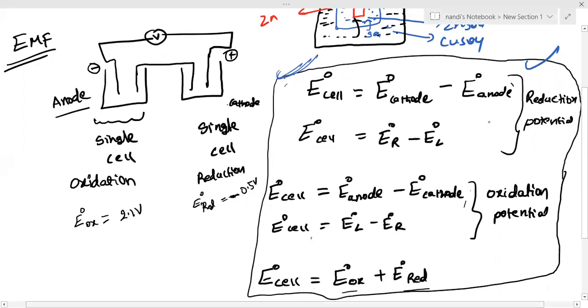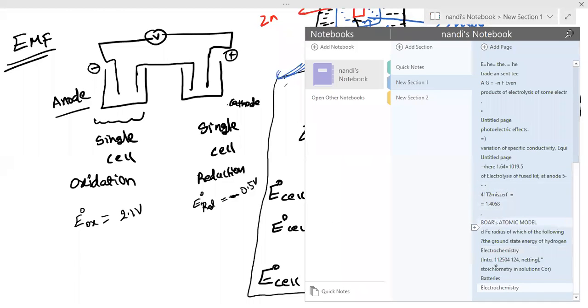Yesterday I noted down this point; please check your class notes.